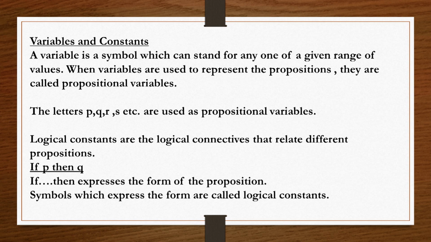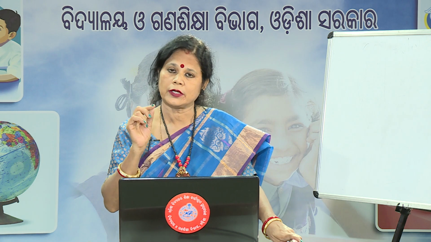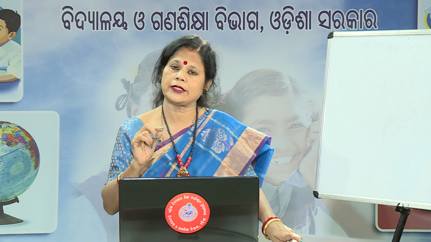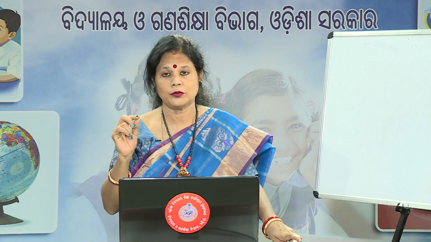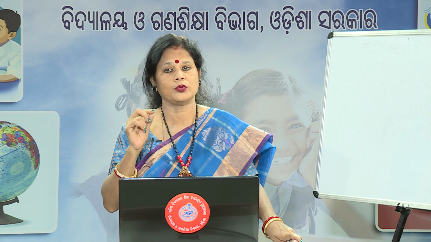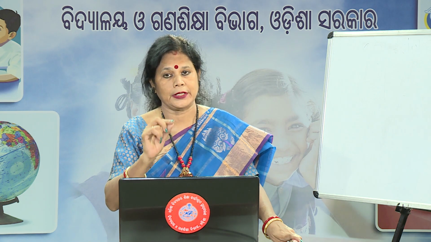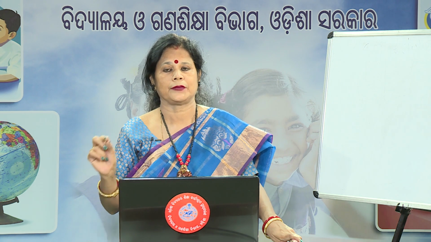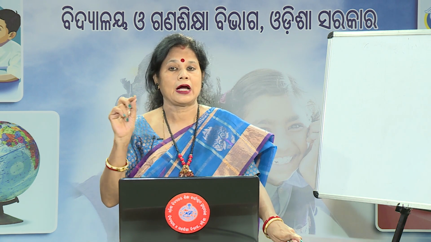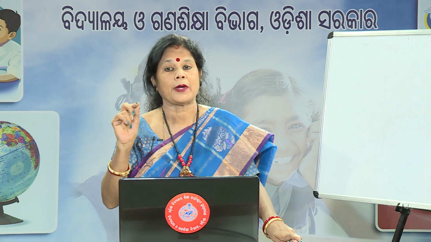For there is rain we can write P, and for the ground will be wet we can use Q. So we say: if P then Q. Here P and Q are the variables.